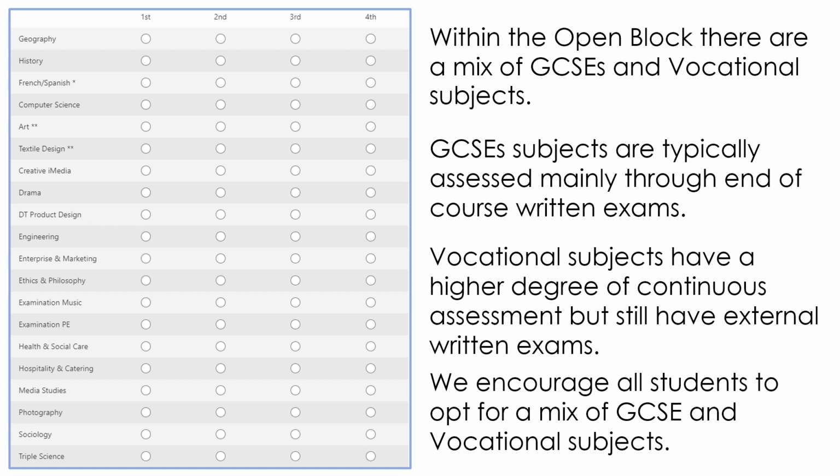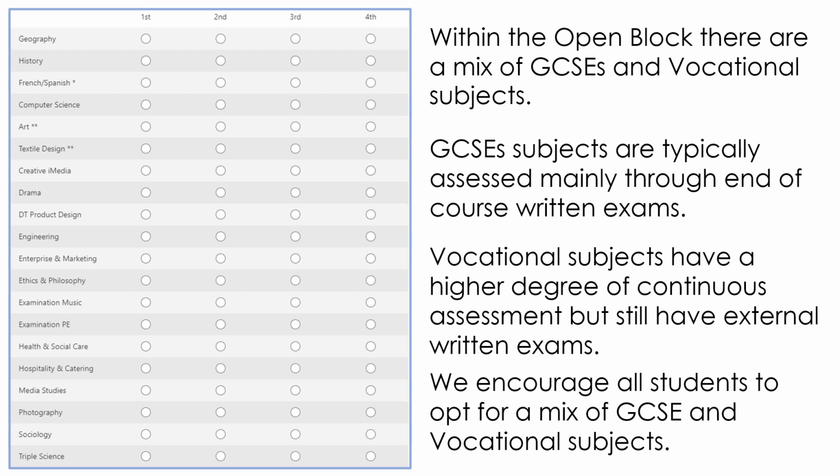Within this list of subjects, there are a mix of GCSEs and vocational subjects. To find out a little bit more detail about which ones are GCSEs and which are vocational, if you look at the Key Stage 4 option booklet online, the GCSEs are coloured purple or yellow, and the vocational subjects towards the rear of the booklet are labelled as red.